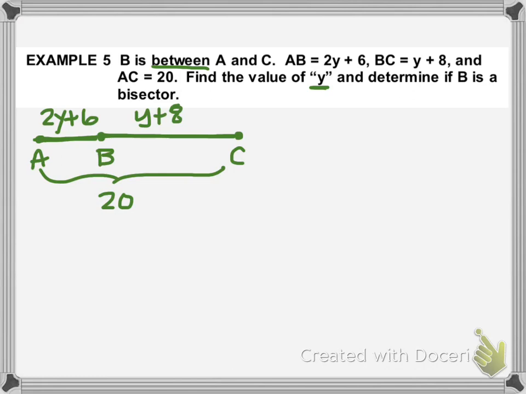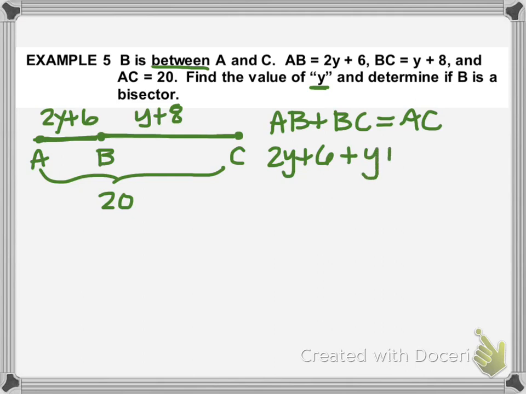So we're going to say AB plus BC equals AC. Let's plug in the expressions now. AB is 2y plus 6. If I add that to BC, which is y plus 8, it should equal AC, which is 20.